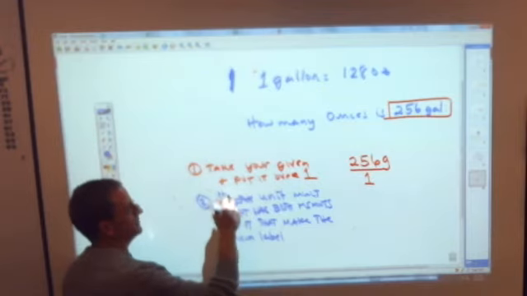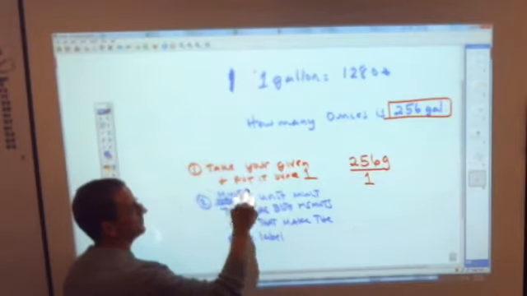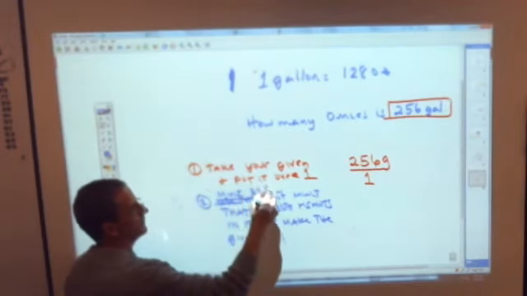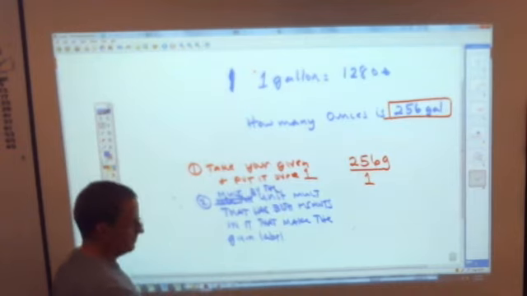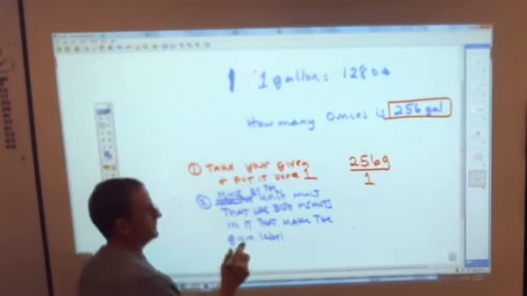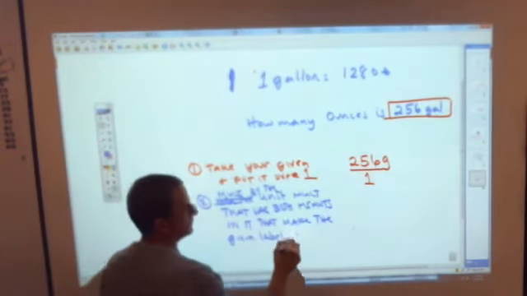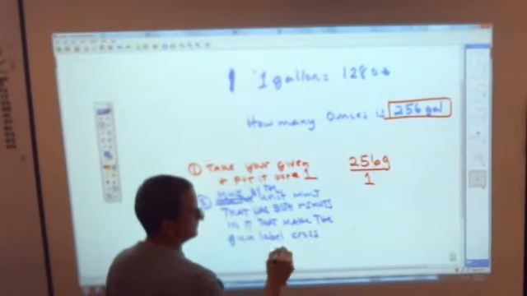I need to change this to say multiply by. Multiply by the unit multiplier that has both measurements in it that makes the given label cross cancel.